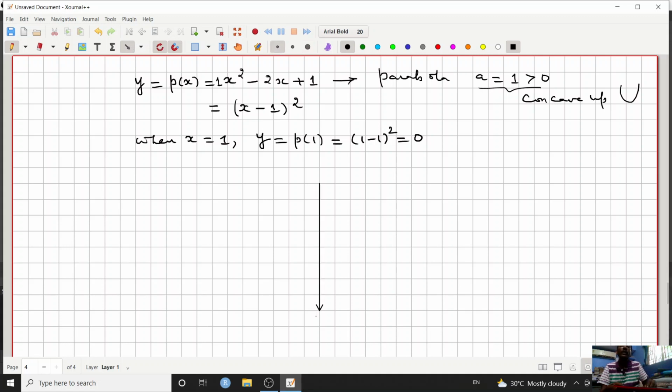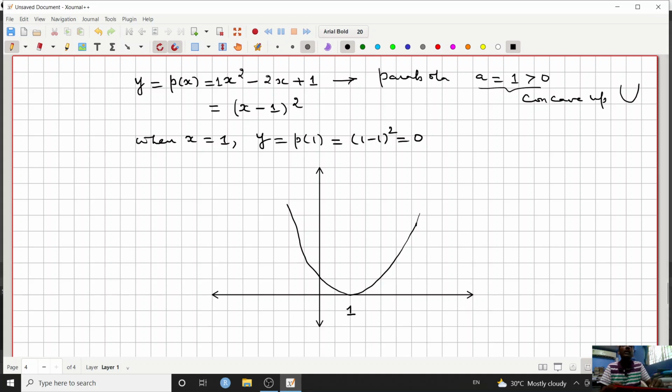When you try to draw the graph for this parabola, you will get a parabola of this form. When x is equal to 1, it becomes 0, so let us take x to be 1 here. You get a parabola touching the x-axis.